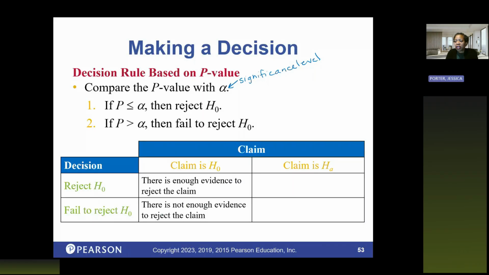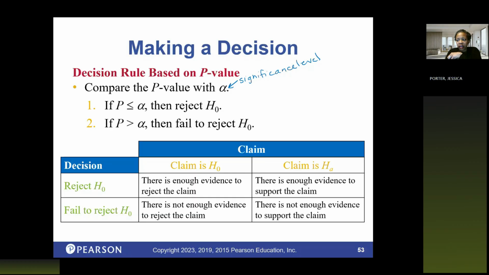If the claim is the null hypothesis and we fail to reject it, we say there is not enough evidence to reject the claim. When the alternative hypothesis is the claim and we reject the null hypothesis, we say there is enough evidence to support the claim. If we fail to reject the null hypothesis, we say there is not enough evidence to support the claim.